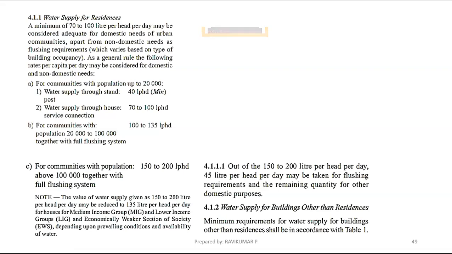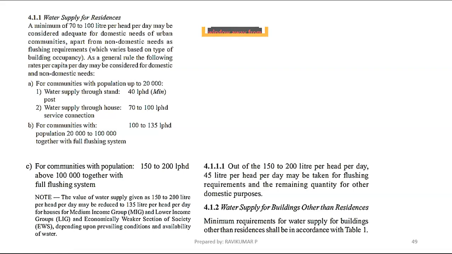For communities with a population of 20,000 to 1 lakh, together with a full flushing system. Domestic water means drinking water and water for washing and bathing purposes.